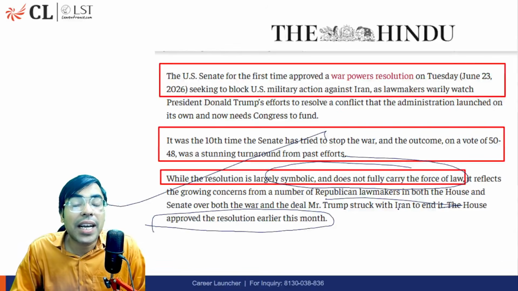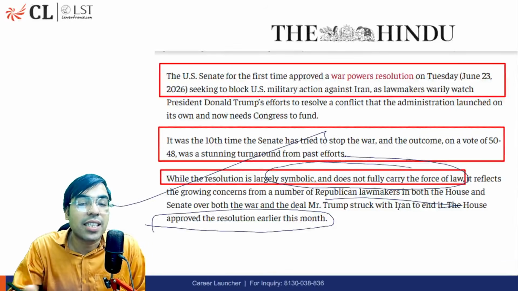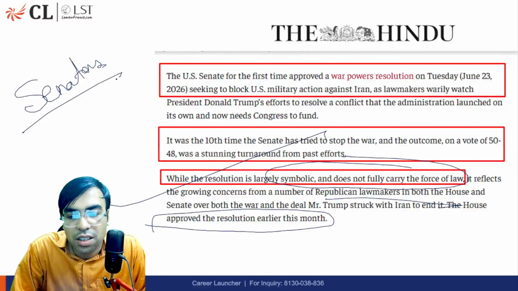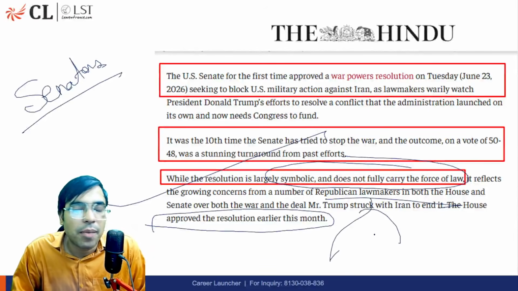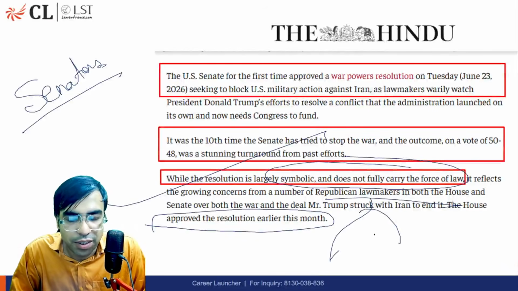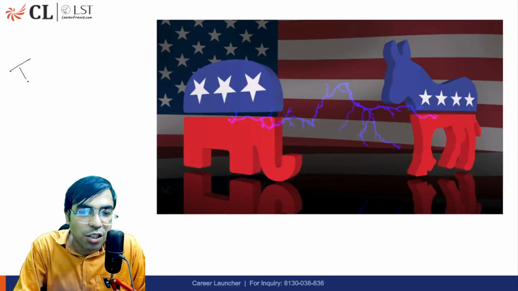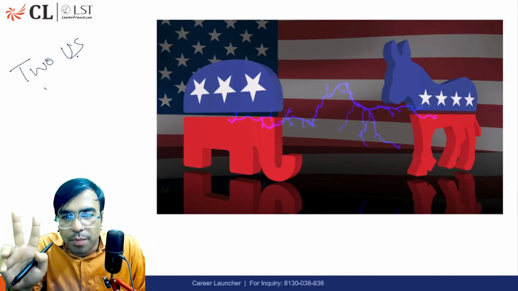Even some of the Republican lawmakers, some of the senators, meaning members of the Senate, are also called lawmakers. So lawmaker can be used for both members of the Senate and members of the House of Representatives. I'm sure you must be aware, Mr. Donald Trump, there are 2 parties. First of all, you should know there are 2 prominent US political parties, though there are many parties.